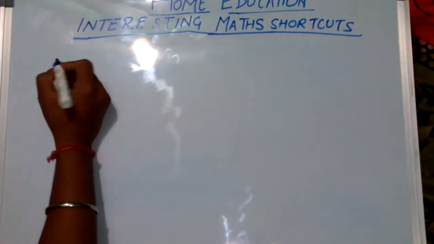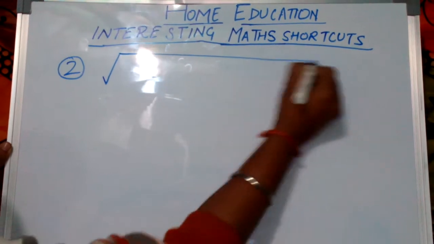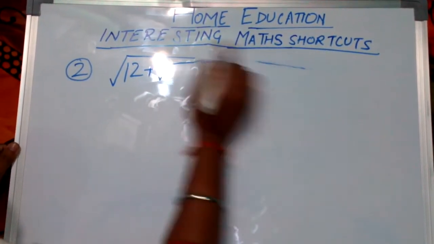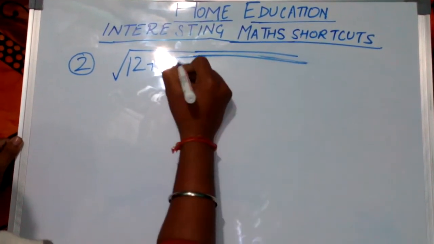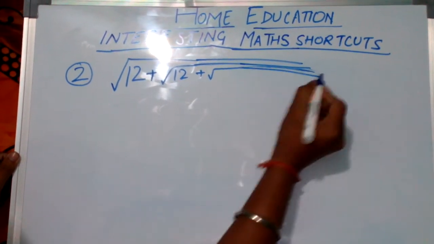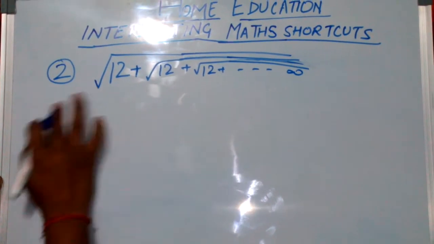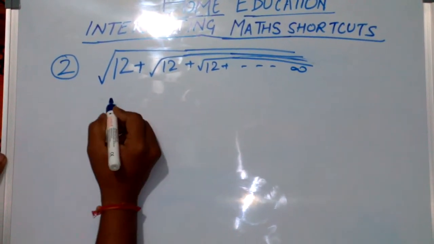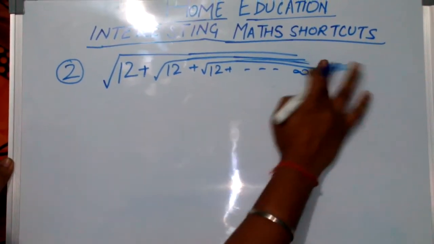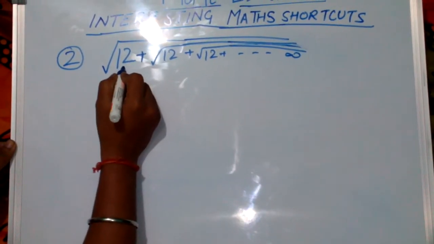Moving on to our second shortcut. Directly taking an example: the square root of 12 plus the square root of 12 plus and so on. This type of problem you have solved in high school. You took it equal to x and squared both sides, but here I am going to explain a short method.